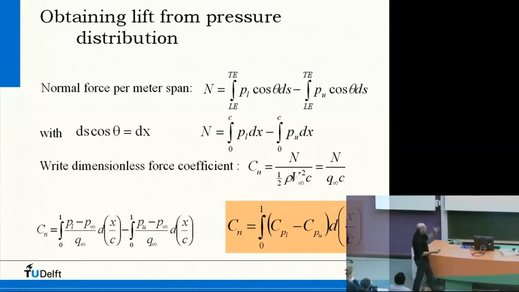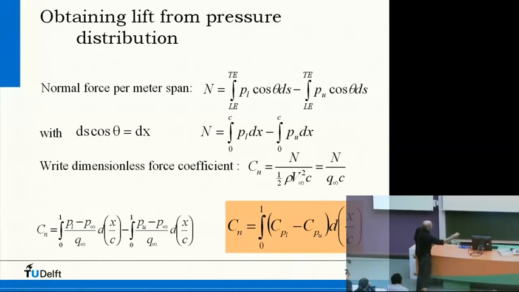We are used to using coefficients instead of forces. So we divide the normal force by half rho v squared times c times 1. That's the area c times 1, because it's per meter span. So that's N divided by q infinity times c.